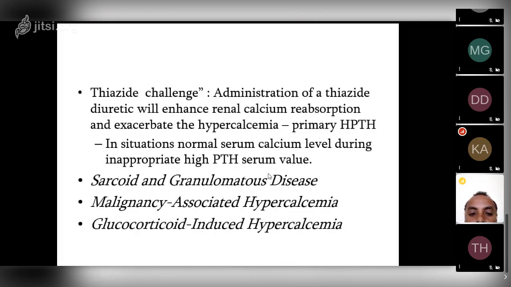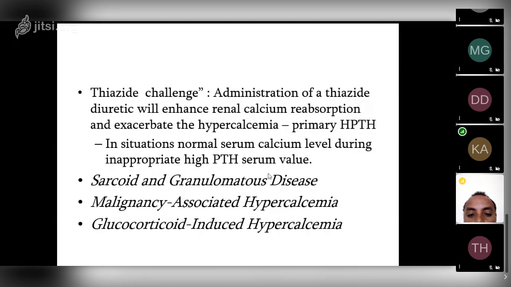There is a thiazide challenge test to diagnose this. Administering a thiazide diuretic will enhance renal calcium absorption and exacerbate the hypercalcemia, which helps diagnose primary hyperparathyroidism.